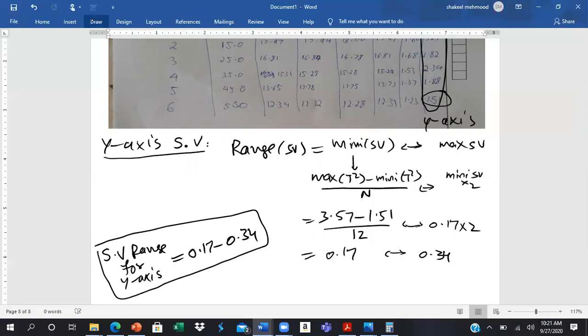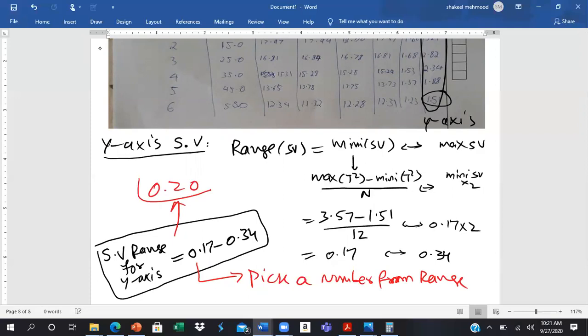Now you have to pick a number from this range. My number is 0.20, because 0.20 is coming from there. It means that along y-axis, I will be giving a value of 0.20 for every big square.